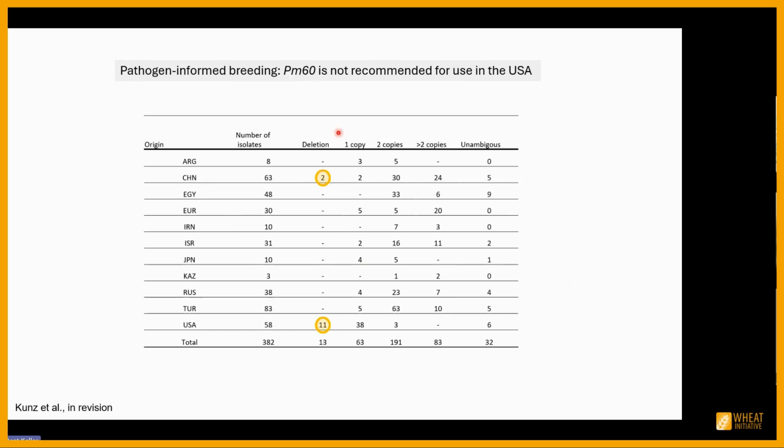And when we then looked at the geographic location where these isolates are found, we found 2 in China and 11 in the United States. And this would immediately suggest that PM60 is not recommended for use in the United States because there is already virulence around. And this comes as an immediate recommendation based on these data.